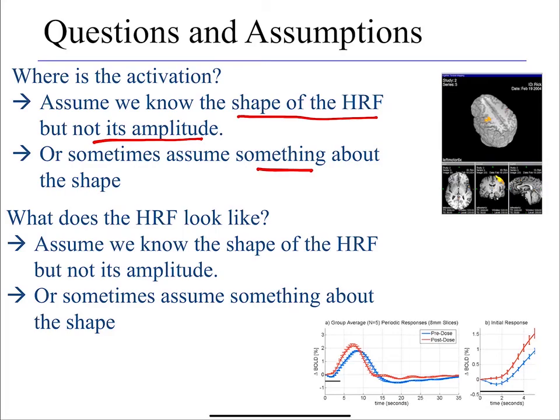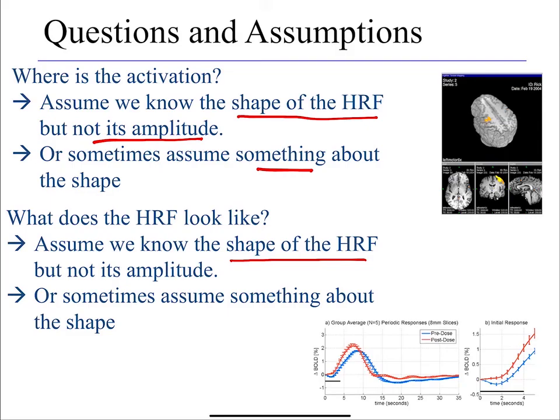So you're willing to say, I don't need to look for the hippocampus using fMRI. I know where it is, so I'm just going to focus in on the hippocampus. What I really care about is the shape of the response. I want to see how quickly it goes up and how quickly it goes down, and does that change with my experiment? So we want to know something about the shape, and we don't necessarily care about where it is. Those are fundamentally different questions.